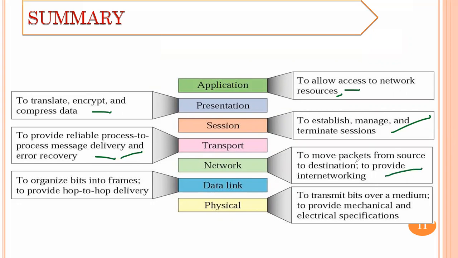Network layer will move packets from source to destination to provide inter-networking. Data link layer will segment the packets into frames and provide hop-to-hop delivery, whereas the physical layer will transmit the bits over a medium to provide mechanical and electrical specifications. Clear?